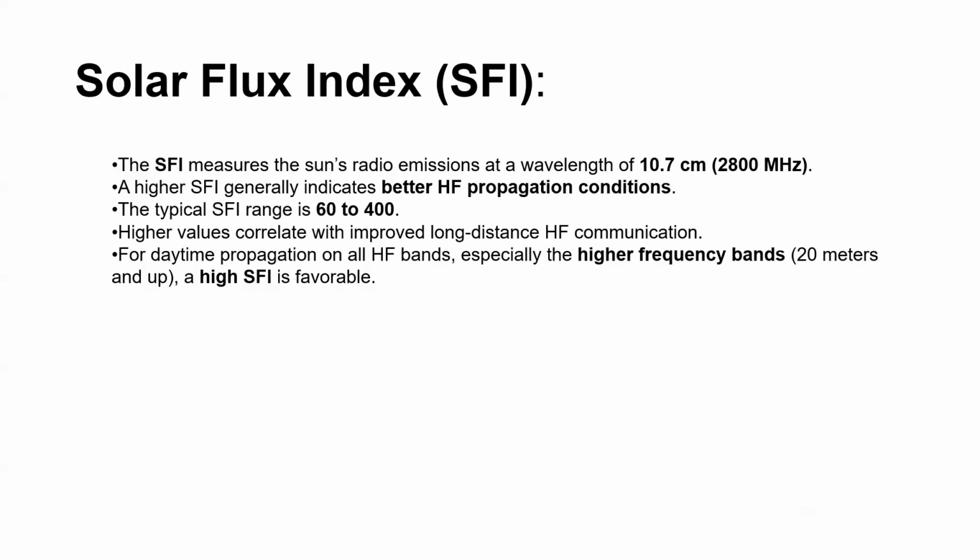So it's another way to measure the influence of the sun on Earth, but it's highly related, positively correlated with the sunspot number, which we won't go into detail here.